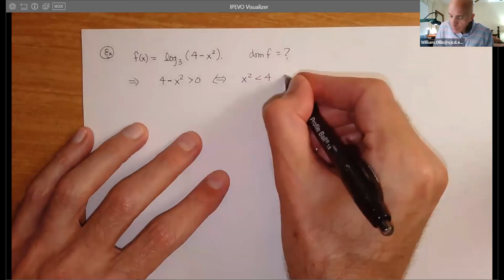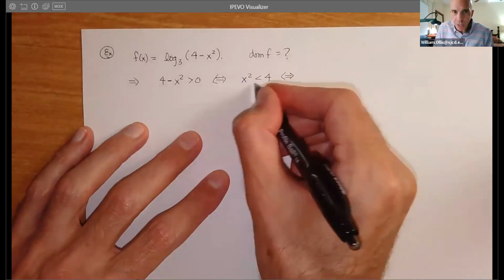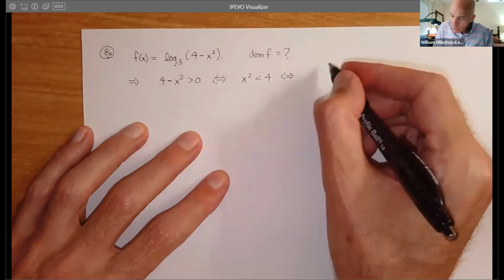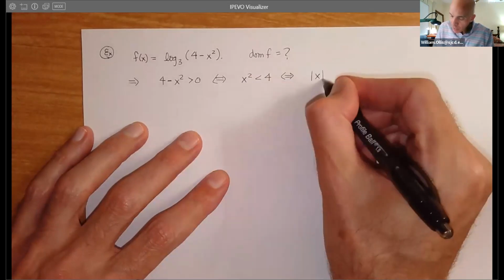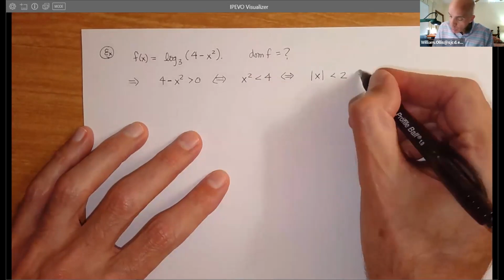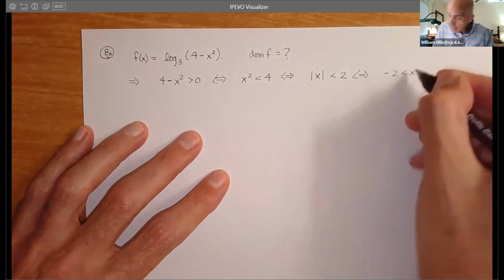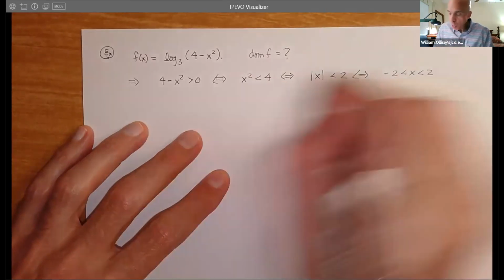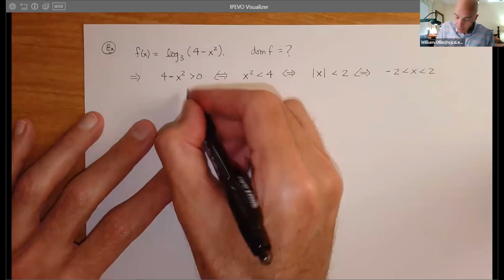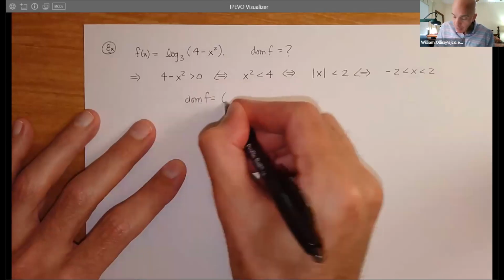But now we can use square rooting and absolute value. So this will be absolute value of x is less than 2. That's just a conjunction. So now we've got -2 less than x less than 2. So now we see that the domain of f is just -2 to 2.